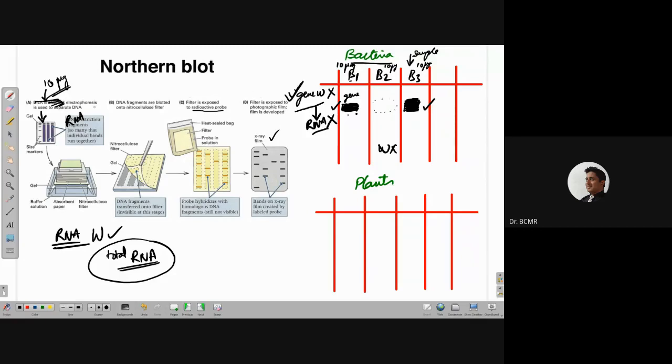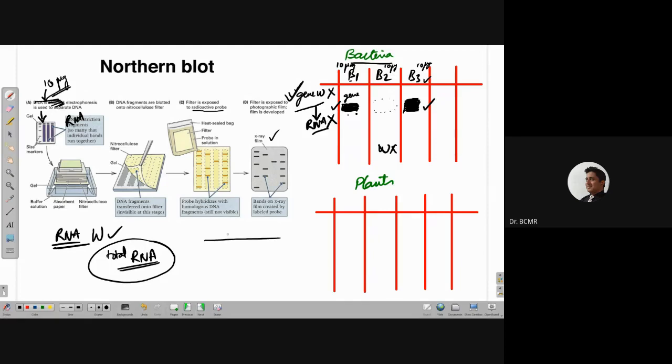Then you have taken an equal amount of RNA for all the samples. I'm telling you about the second possibility. So assume that equal sample is added, yet you find that B3 has a higher intensity of this band. What would that say?